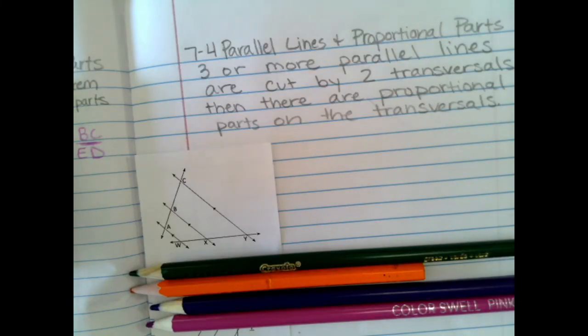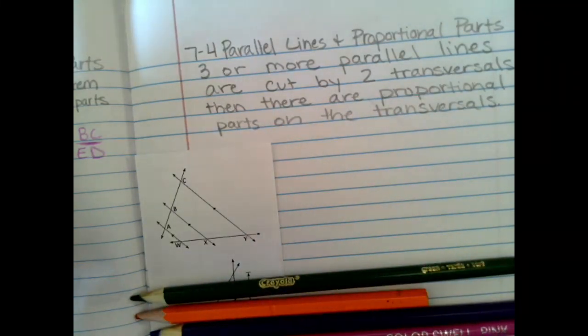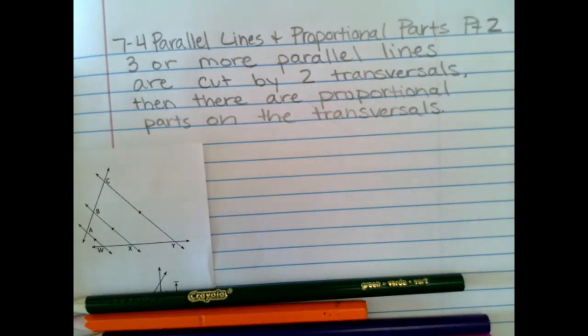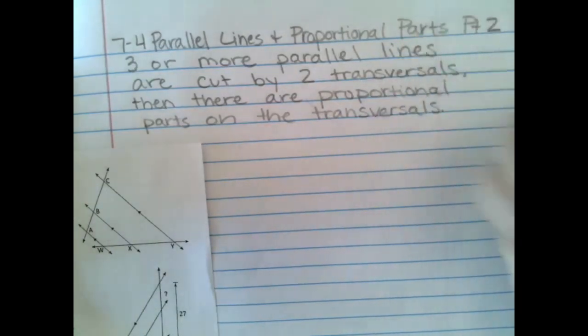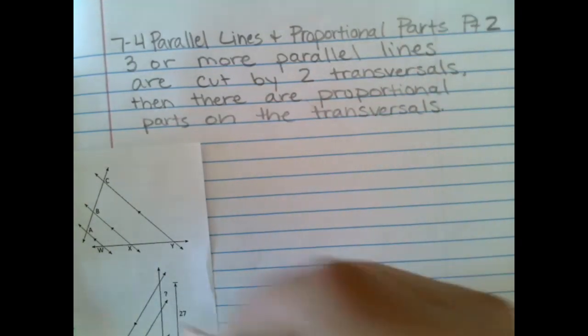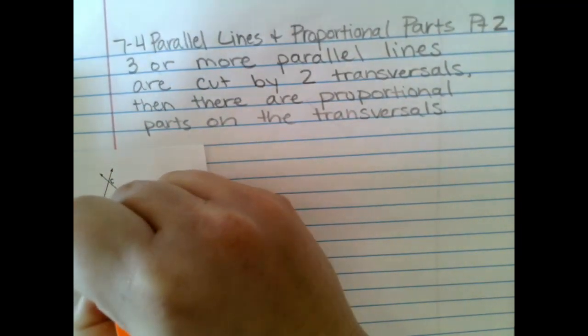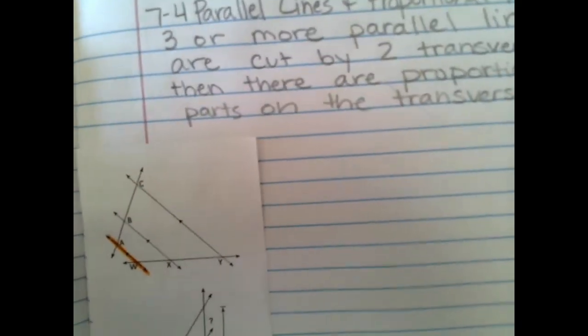Alright, so here we go with the first one. In this first one, what are our 3 or more parallel lines? What's one of our parallel lines? Good. AW is parallel to what else? Good. BX.